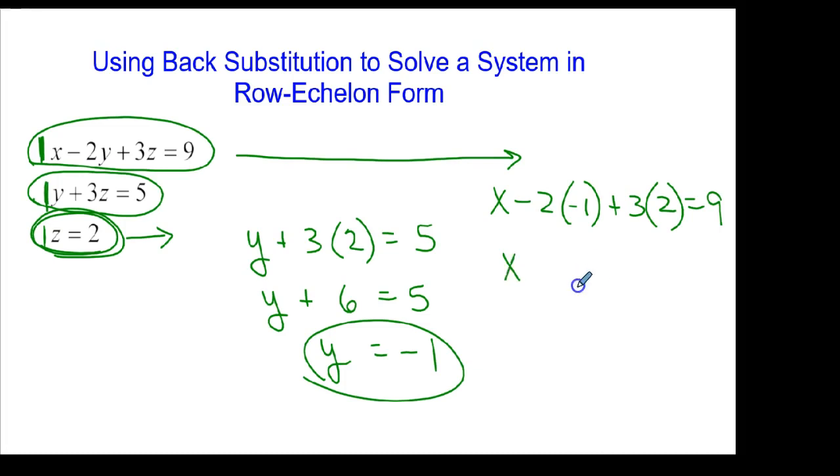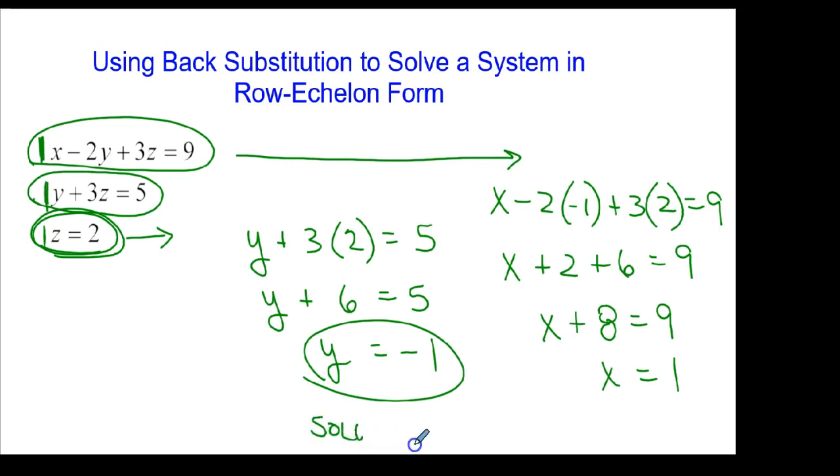So I have x plus 2 plus 6 is equal to 9, or x plus 8 is equal to 9, so then x is equal to 1. So the solution to my system is x equals 1, y equals negative 1, and z is equal to 2.